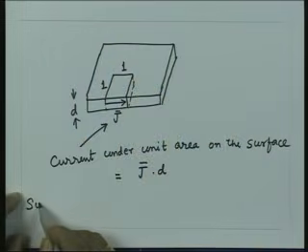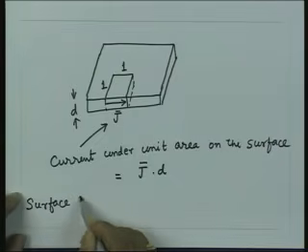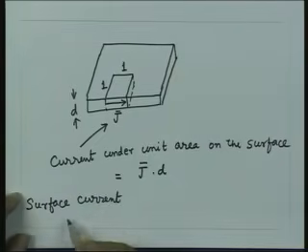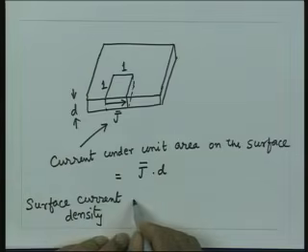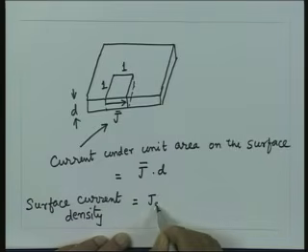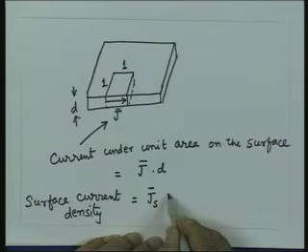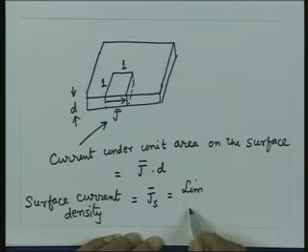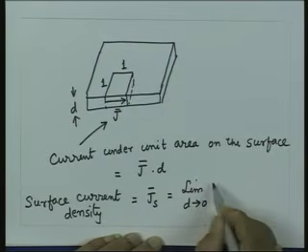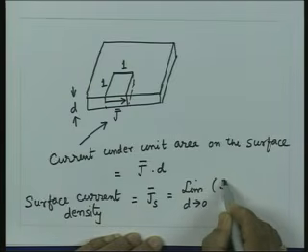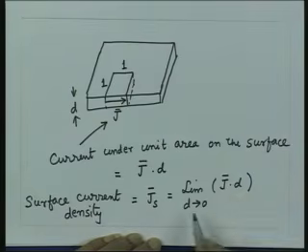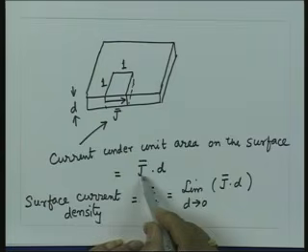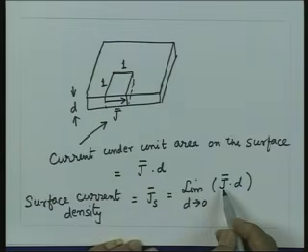So, if I take a limit, I define what is called a surface current density, and that is let us say given by Js, that is equal to the limit when d tends to 0, J into d times d. It is not a dot product, it is just the J multiplied by the area, and direction of Js is same as the direction of J.